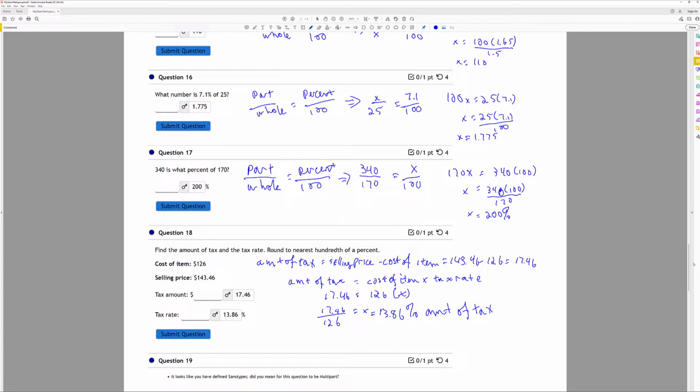Okay. So we have the amount of tax, and we can find the tax rate using the amount of tax. The amount of tax is equal to the cost of the item times the tax rate. The amount of tax is 17.46. The original cost of the item was 126.